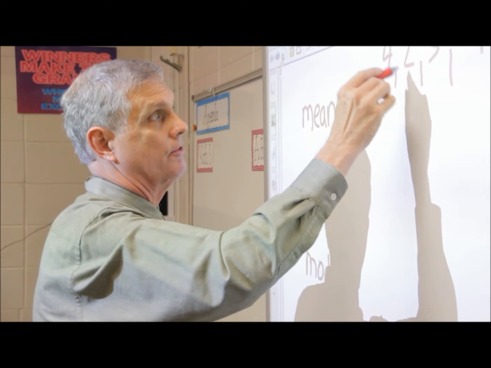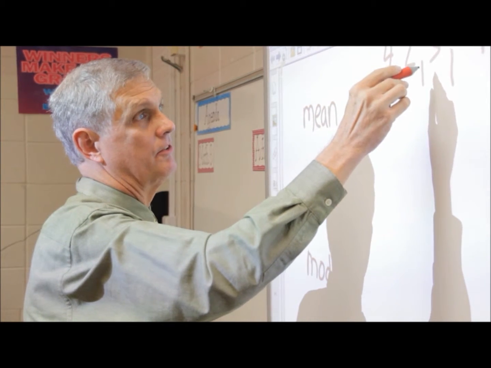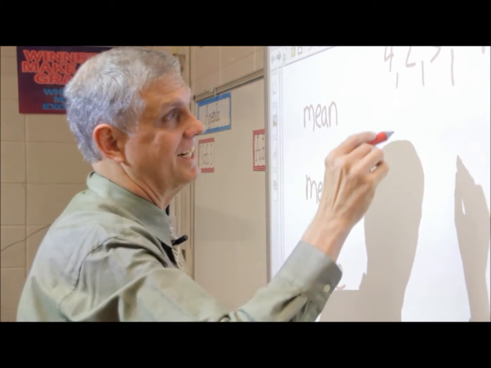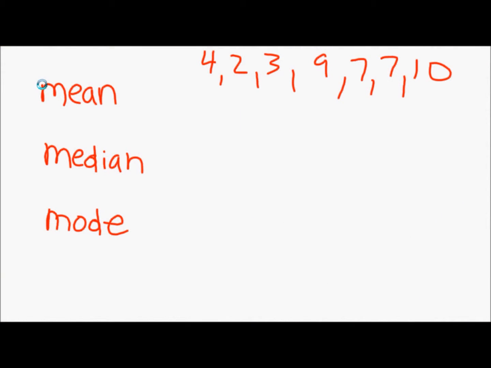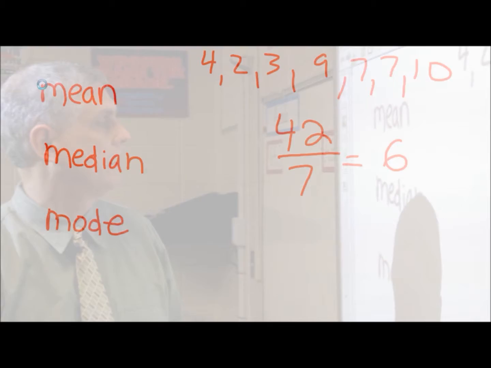So we get 4 plus 2 is 6, plus 3 is 9, plus 9 is 18, plus 7 is 25, plus 7 more is 32, plus 10 is 42. And we're going to divide that by 1, 2, 3, 4, 5, 6, 7 items. 7 goes into 42, so our average would be 6.